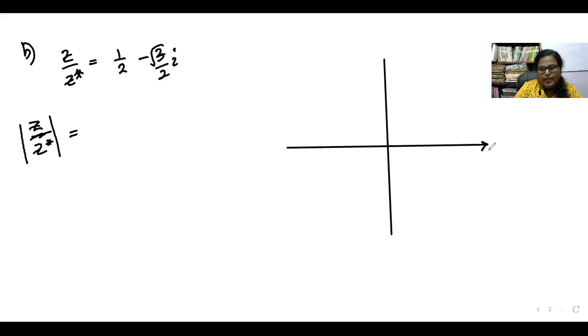So this is called the real axis, and this one is called the imaginary axis. Our complex number is half minus square root 3 over 2 i. This is the real part, and this one is the imaginary part.